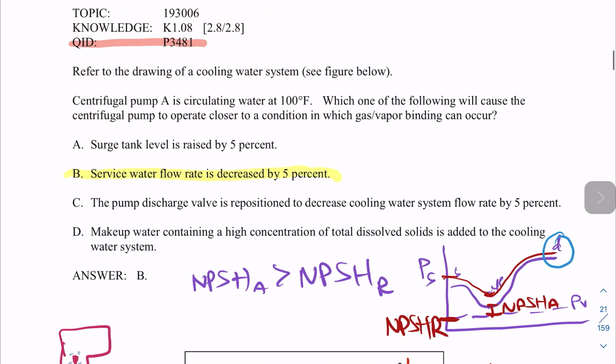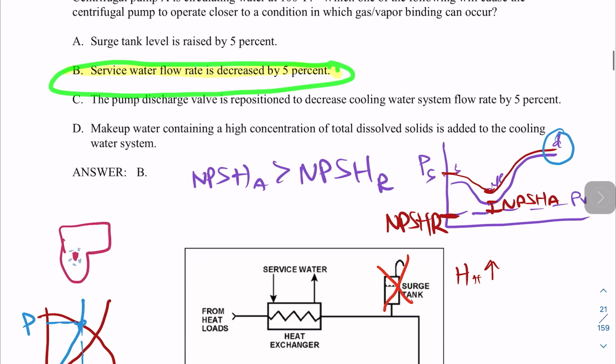I don't want that, but the question is asking which of these options favors the condition in which we can have gas and vapor binding, and definitely a decrease in the service water, meaning that we increase this temperature here, is going to get us closer to saturation.